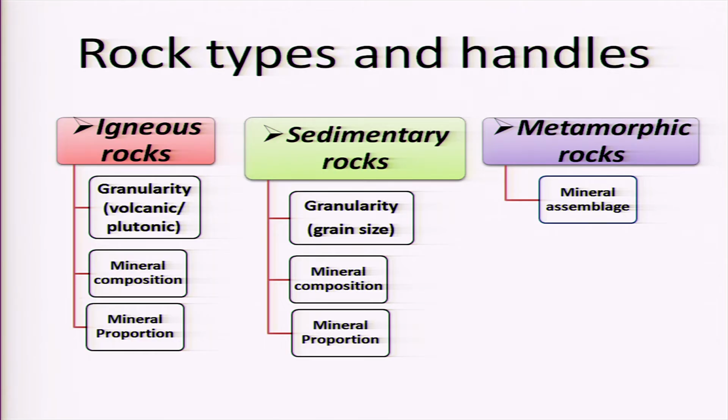Again, let us see in which way we look at other rocks. If we look at igneous rocks, we classify them either on the basis of their mineral composition, or on the basis of mineral proportion, or on the basis of the sizes of the grains. For example, fine grained rocks we call volcanic and coarse grained rocks normally we call plutonic.